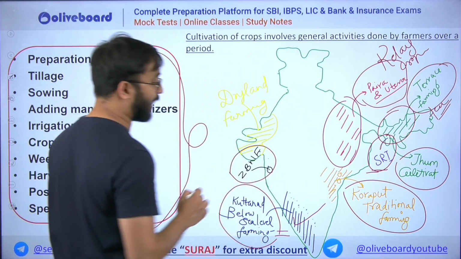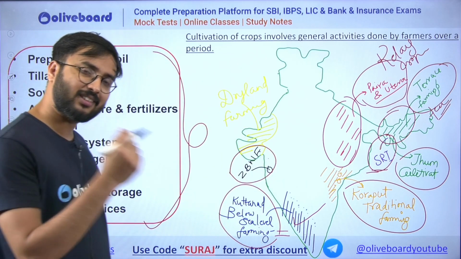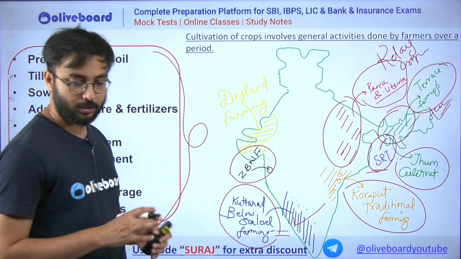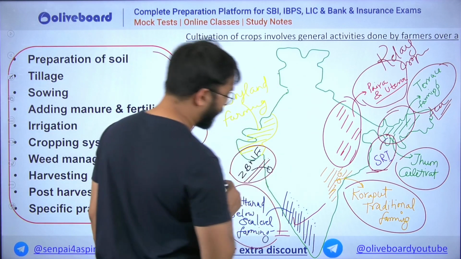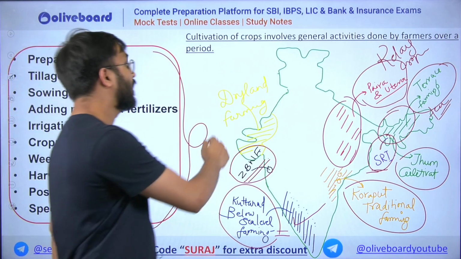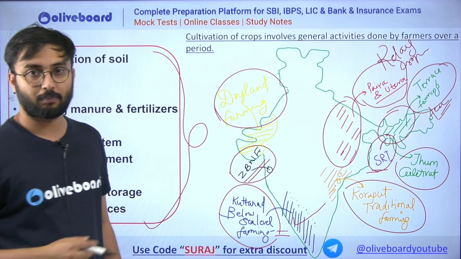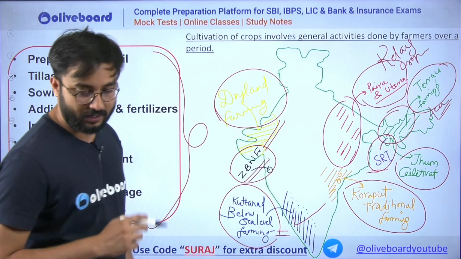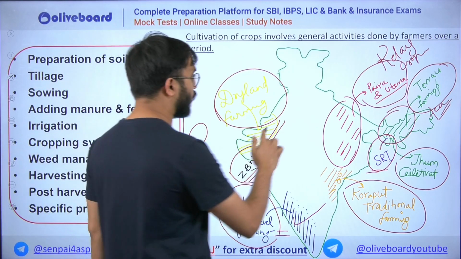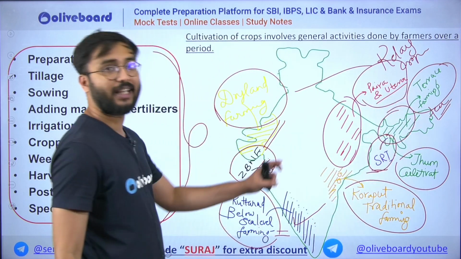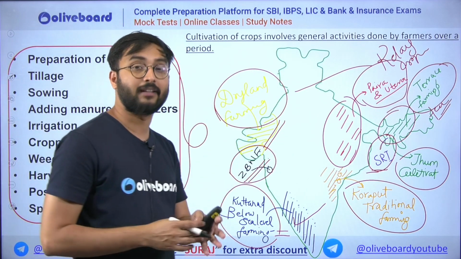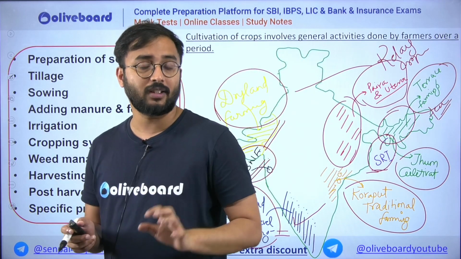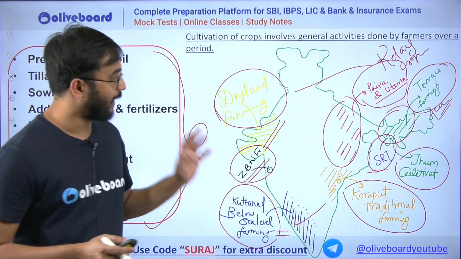Then comes zero budget natural farming, a unique sustainable agricultural practice started by Subhash Palekar in Maharashtra. And then comes the dryland farming practice which we carry out in the Rajasthan and Gujarat region. Overall, these are all unique agricultural practices which you can use as examples also, and you should have this additional information for your AFO exam.